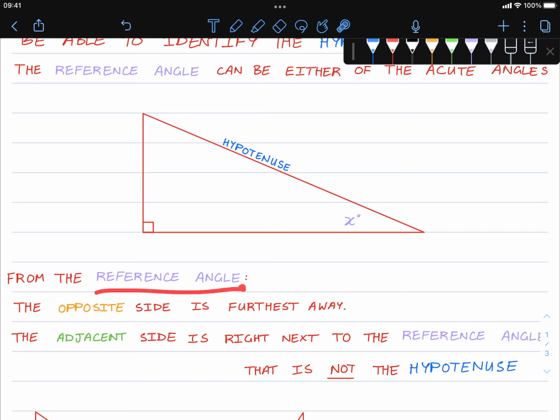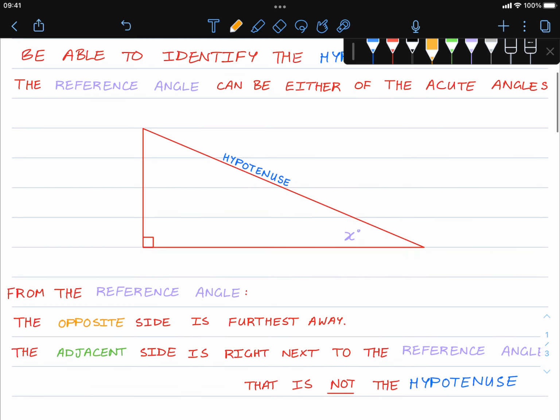From the reference angle, the side that is considered opposite is furthest away. So this is the angle. The side that's furthest away, this side will now be considered the opposite.